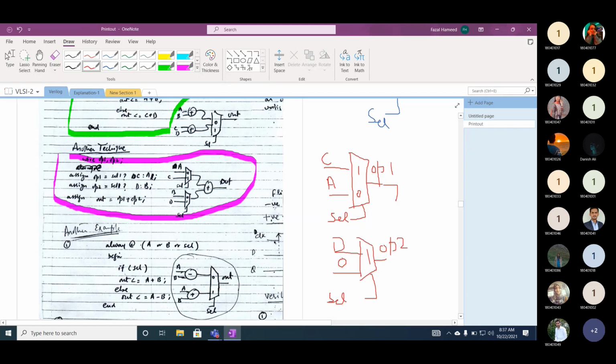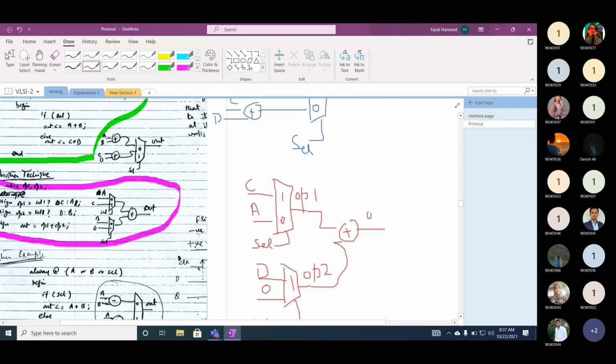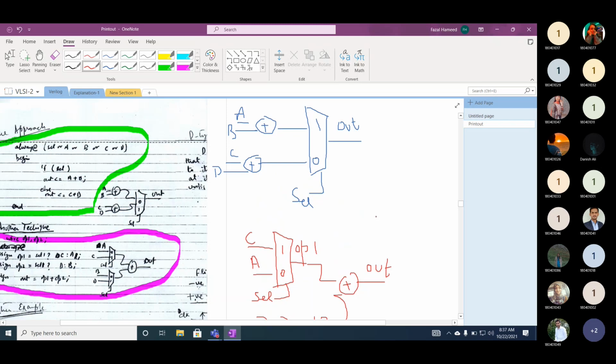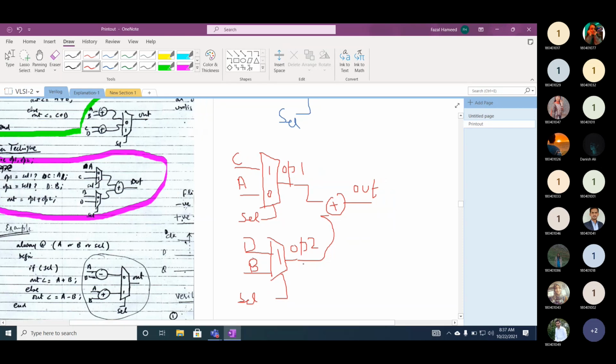You are adding both of them. One minute, please, I will explain this. What is your output? Out. Now, if you look here, let's assume it is B. If sel1 is 1, sel is 1, what will be the output?